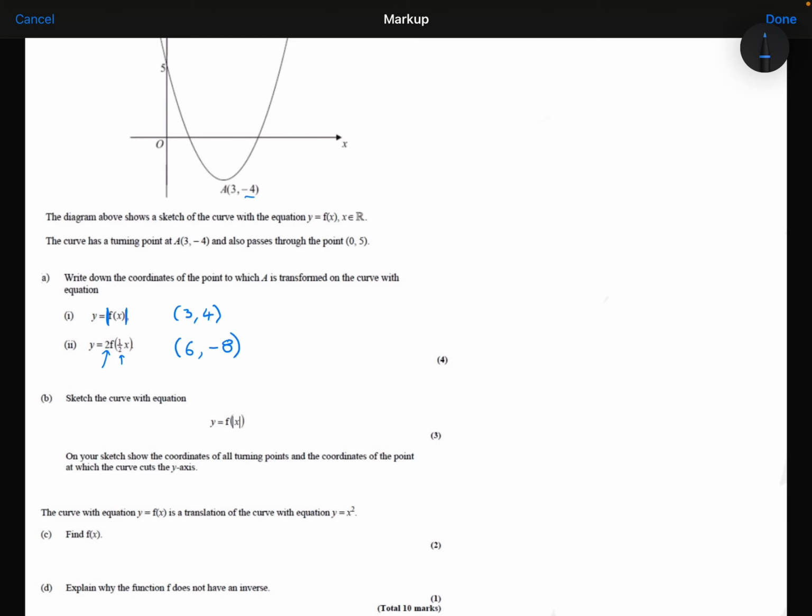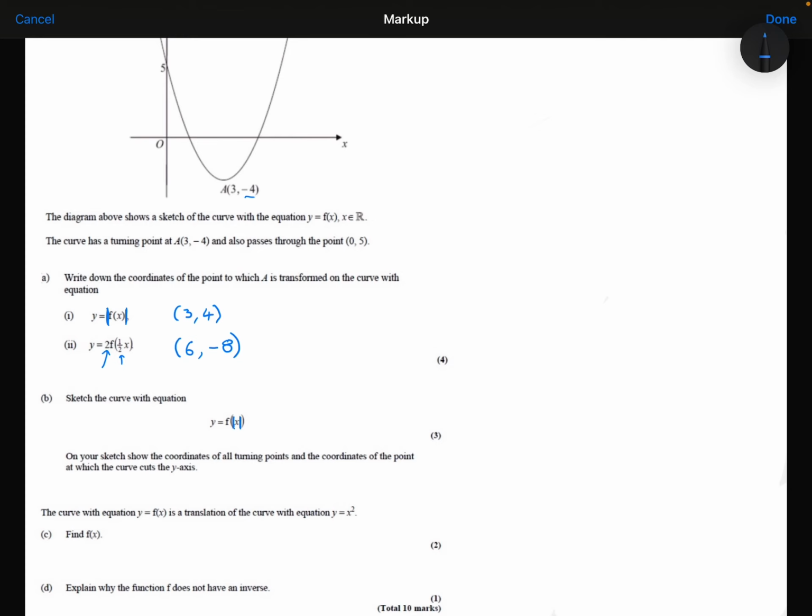Part B. Sketch the curve with the equation y equals the function of the modulus of x. On your sketch, show the coordinates of all turning points and the coordinates of the point at which the curve crosses the y-axis. So the modulus on the inside here affects the x coordinates.